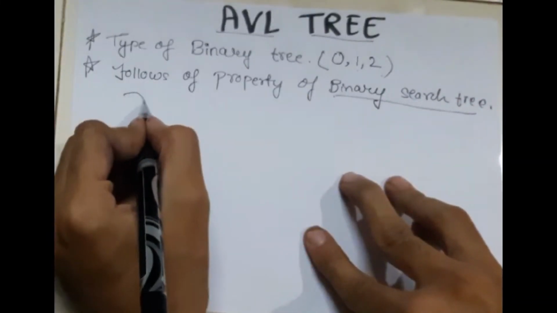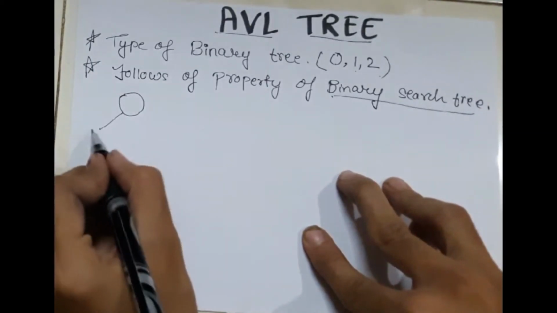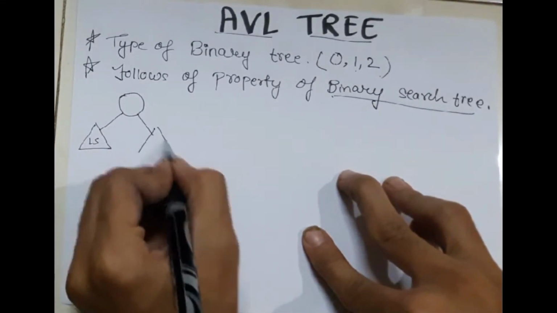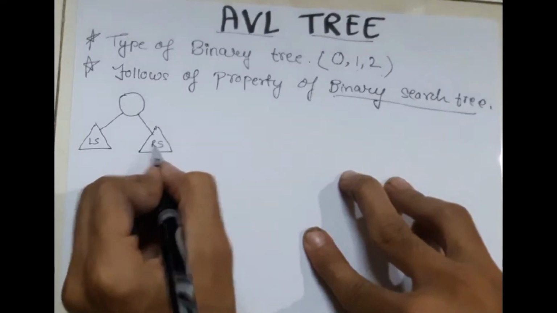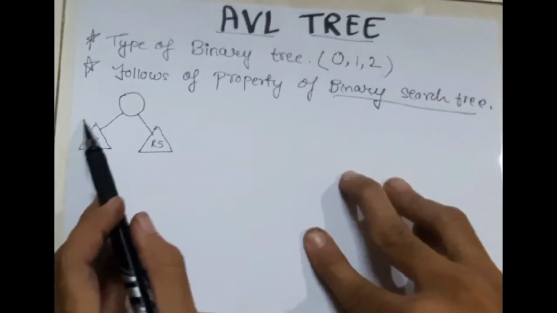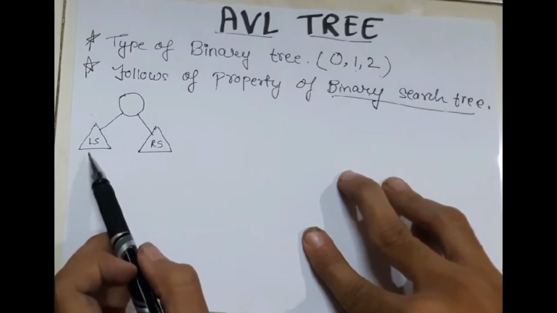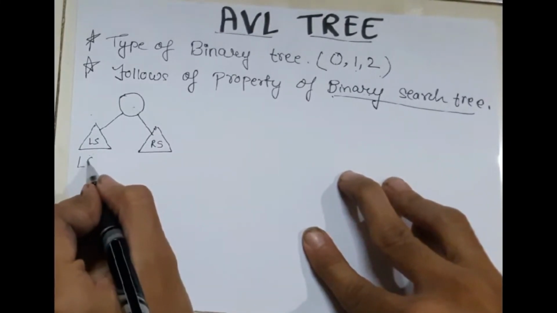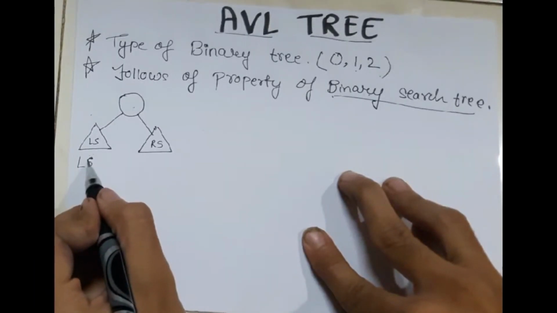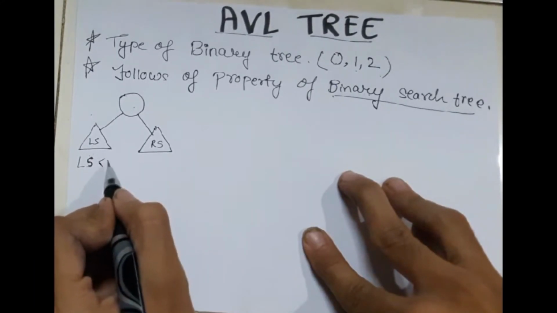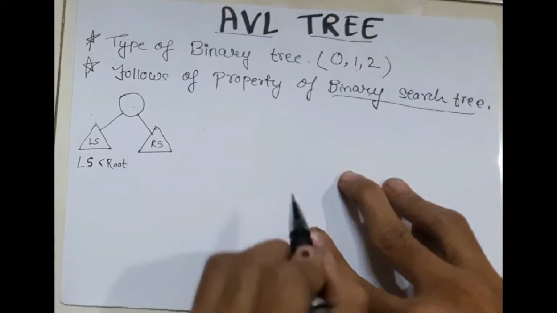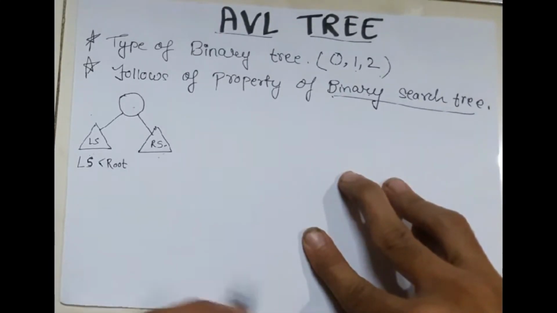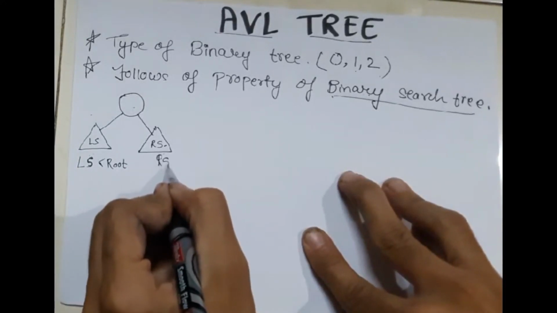See, suppose this is the root. Then this is left subtree. And this right subtree. Okay. So in a binary search tree, the nodes in the left subtree have values less than the root node. And nodes in the right subtree have values greater than root.